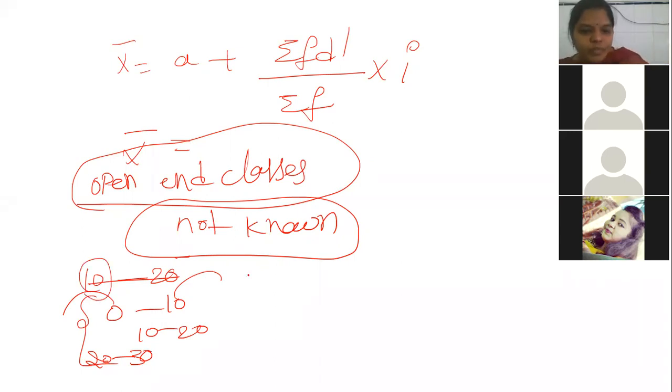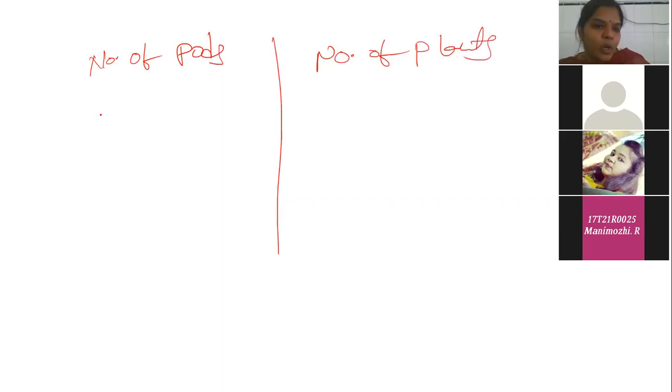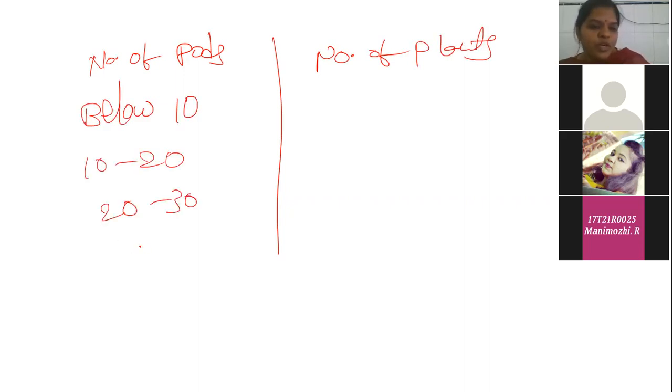See here. For example, your data will be number of pots, number of plants. Suppose the first class will be below 10 and the second class will be 10 to 20, 20 to 30, 30 to 40 and 40 to 50.